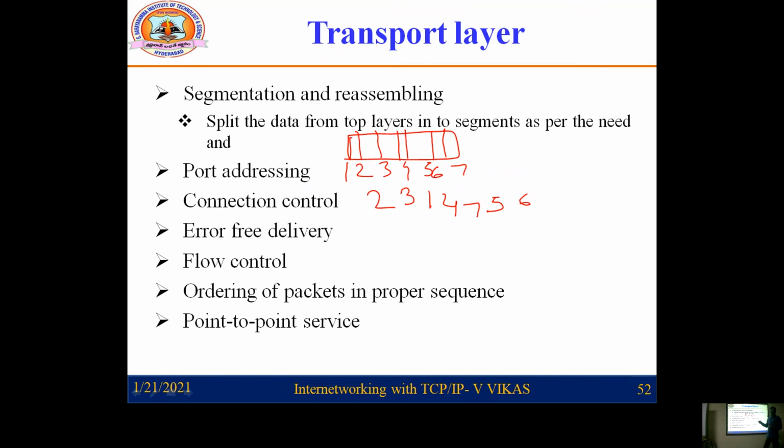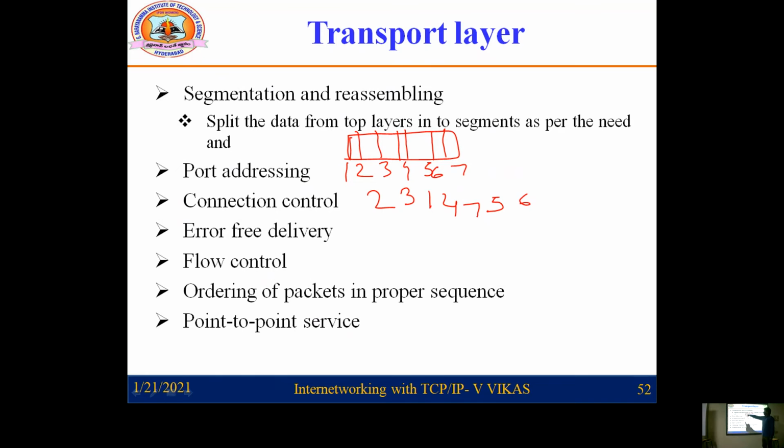The order may vary. So I cannot give the same message to the application layer. I need to arrange these things. Reassembling I cannot do in whatever manner I want; it has to be done properly, arranging back as 1, 2, 3, 4, 5, 6, 7.